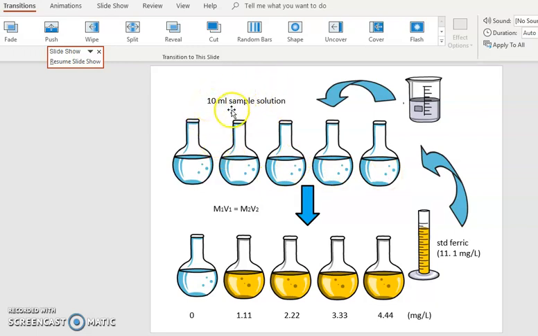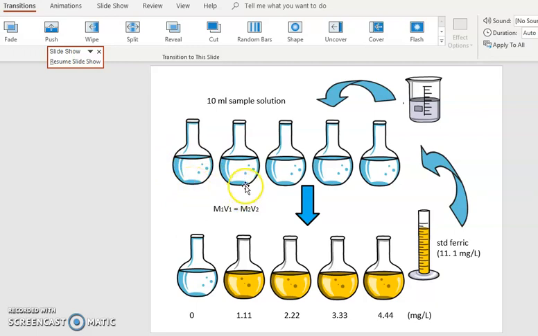Next, after we add the sample, we add a certain volume of standard ferric solution, where the stock concentration is about 11.1 milligram per liter. We transfer a certain volume only into 4 volumetric flasks, where the first one will remain as it is.